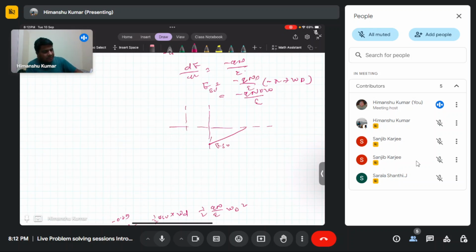Now, this is the oxide region and this is the silicon region, so two different materials are there.